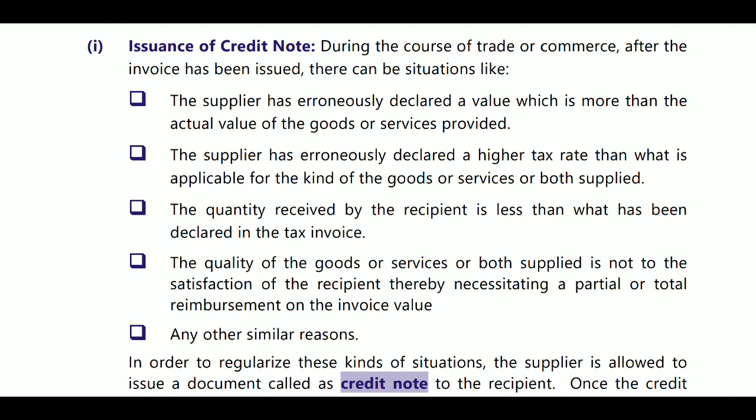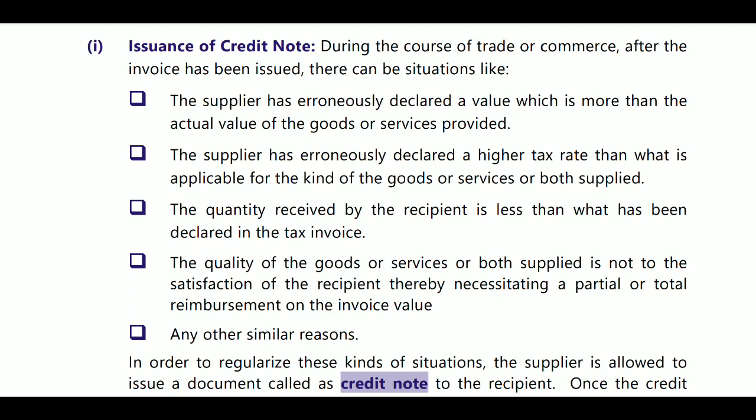Or with tax charged, you charged one amount, but the tax payable is less than the tax charged in the invoice, that is, tax charged in the invoice is greater than tax payable in respect of such supply, then you are required to issue a credit note.